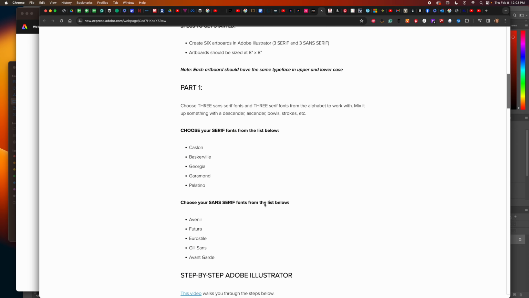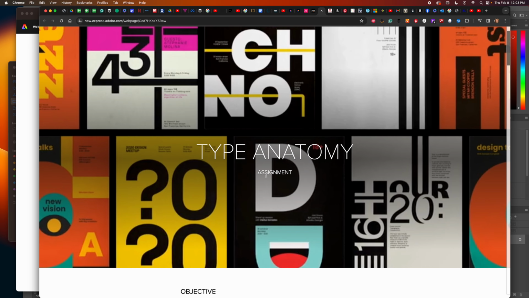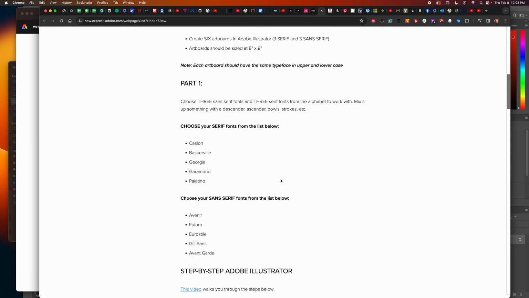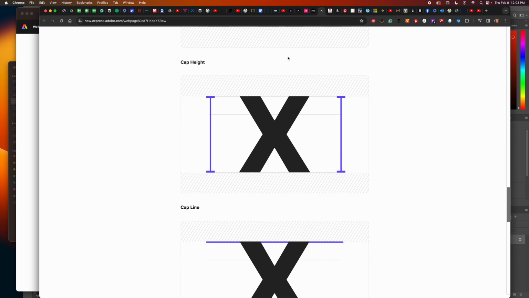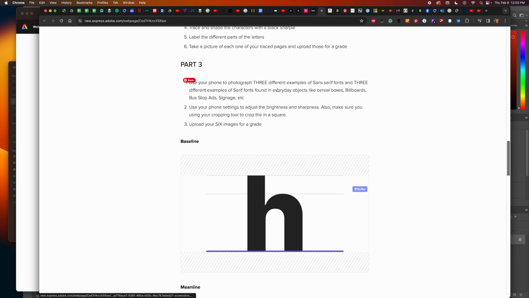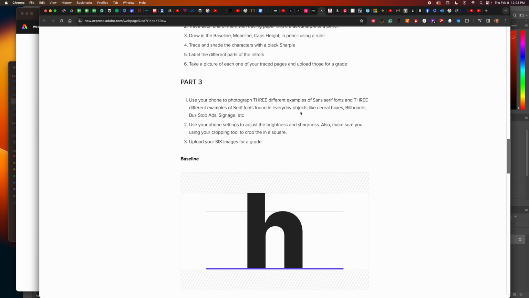I went ahead and refreshed the type anatomy assignment and put down here some examples. So in part 3, you're going to choose 3 different examples of sans serif fonts and 3 different examples of serif fonts.